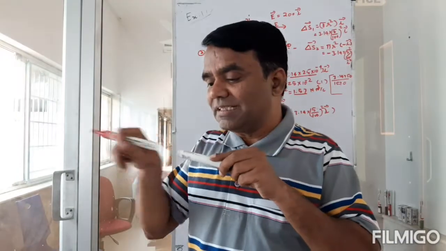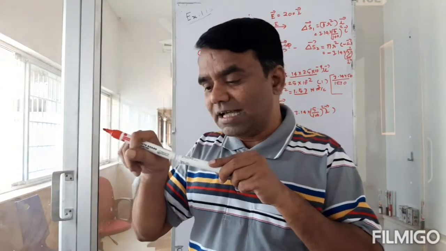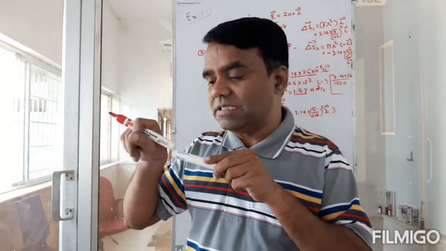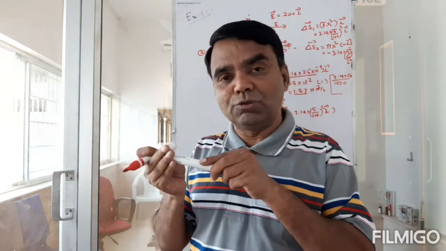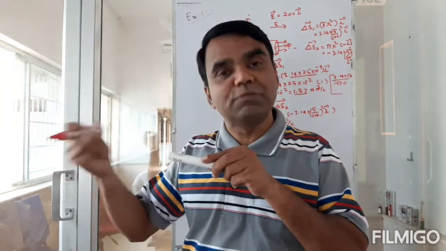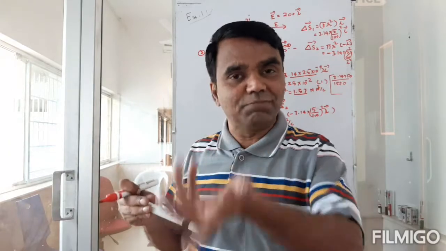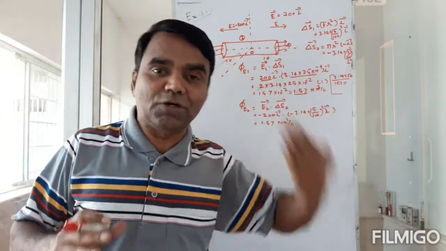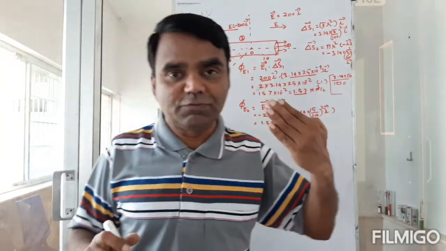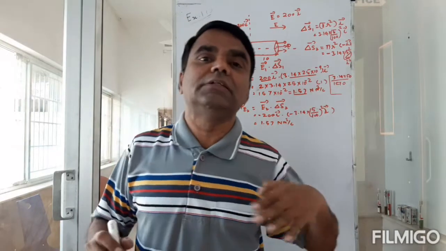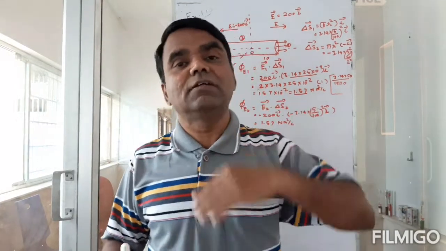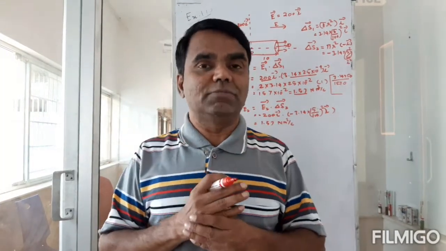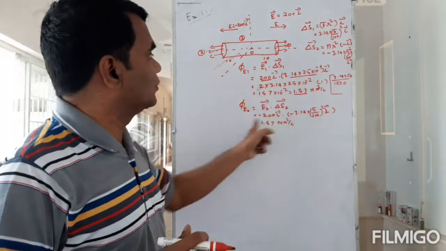So even though area is in the negative direction and E is also in the negative direction, you are going to have flux coming out, so it becomes positive. Negative and negative will become positive. Okay, so if flux comes out of a surface, then you get a positive number. If flux goes into the surface, you get a negative number. Okay, so that's the thing. So you got both of them.